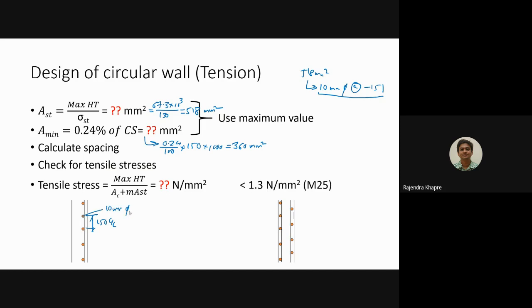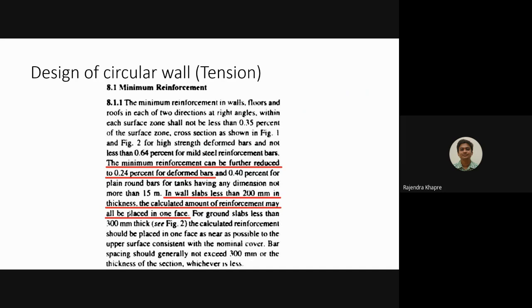So one way you can do it and you can provide the reinforcement only on the one side. Okay, and which side you have to provide? So you can see the highlighted second line: in the wall slabs less than 200 mm. Okay, so we have a wall which is having less than 200 mm in thickness. The calculated reinforcement may be placed on one face.